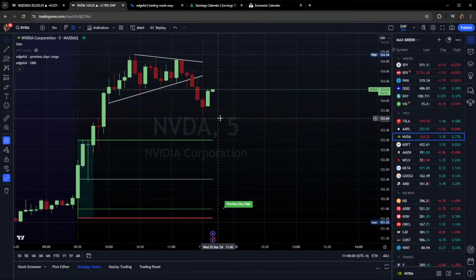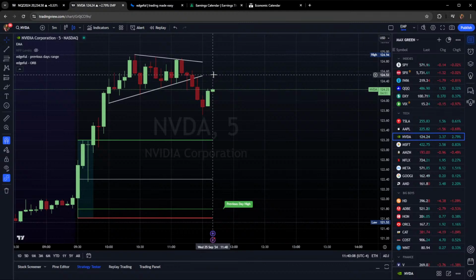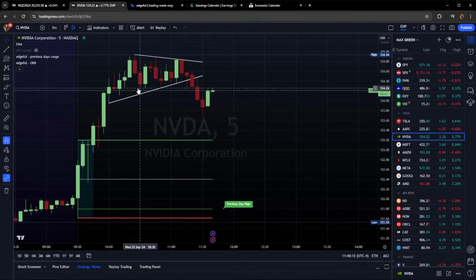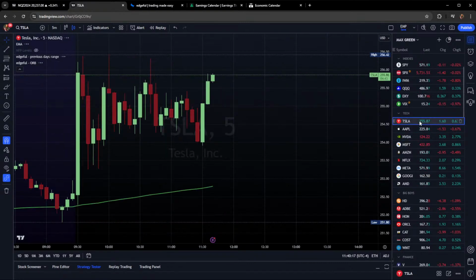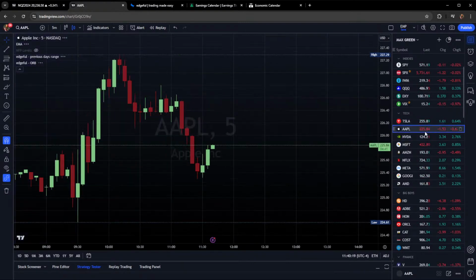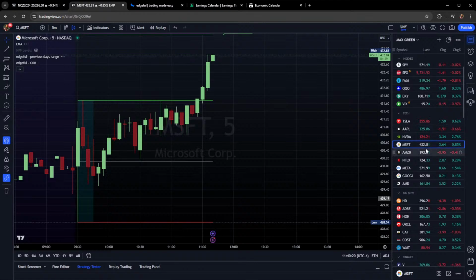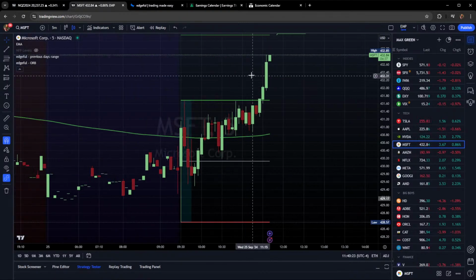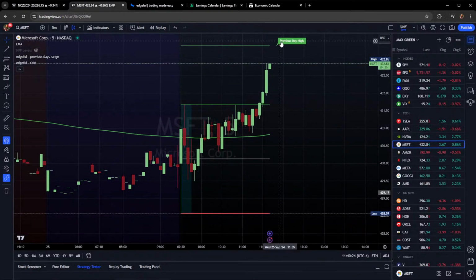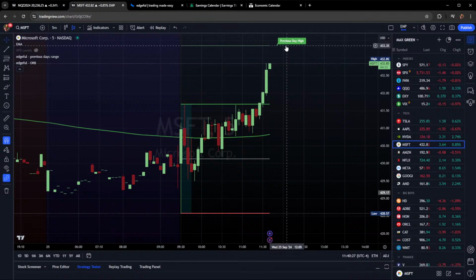NVIDIA basically came, I wanted it to right here. That's pretty close. Now NVIDIA could just come back, test this area right here and reject again, or this area. Tesla strong. Oh, Microsoft broke out. Yeah, previous day high. There's your target on Microsoft.